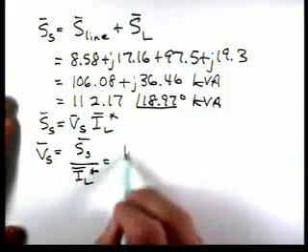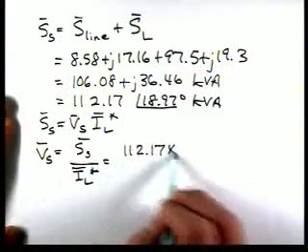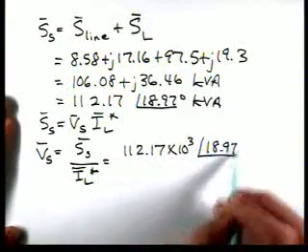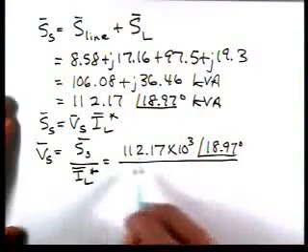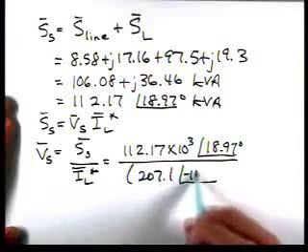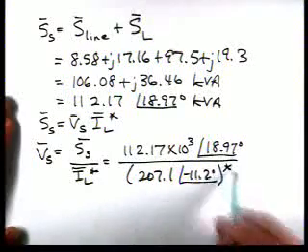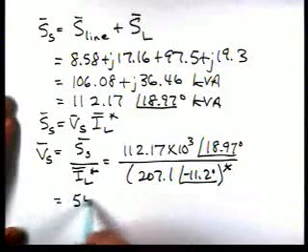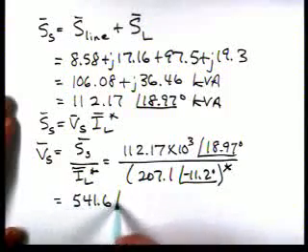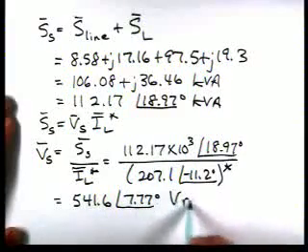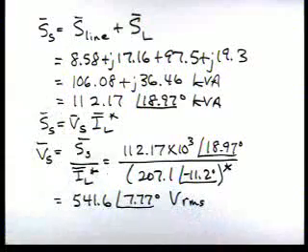So we have 112.17 times 10 to the third at an angle of 18.97 divided by 207.1 at an angle of minus 11.2. Take the conjugate. So this is 541.6 at an angle of 7.77 degrees volts RMS. Notice we had volts RMS when we started. All the calculations are done in RMS.